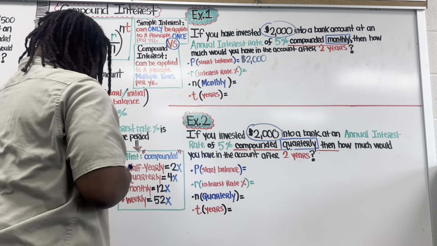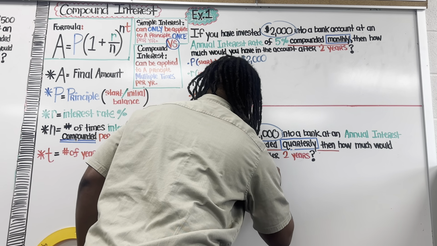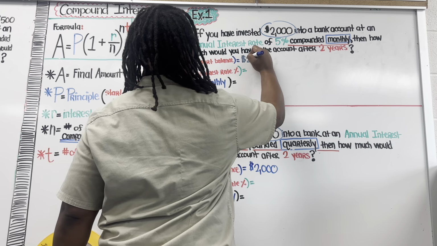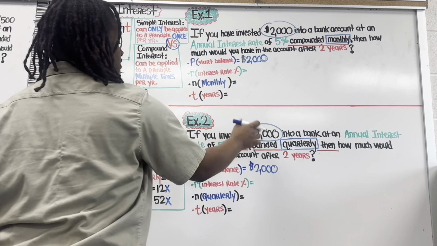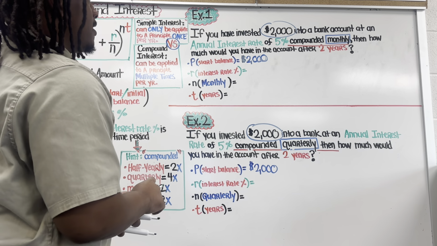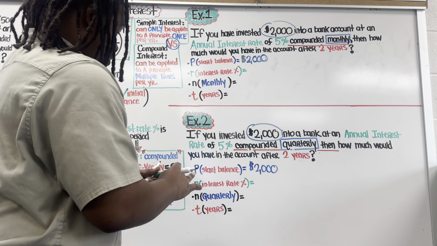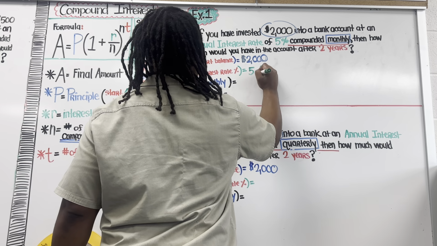Thank you. And then $2,000. So it's much better marker. $2,000, all right? So $2,000, $2,000, that's the same, all right? In both situations, the interest rate was 5%. So R, which is the interest rate, I'm going to put 5%.